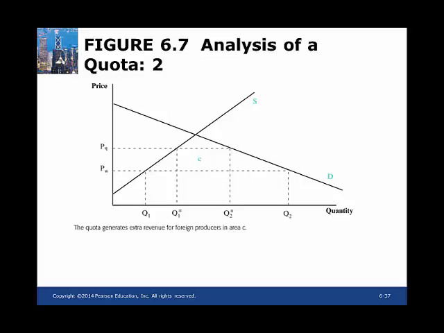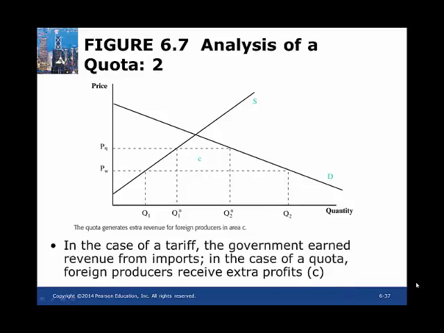Figure 6.7, Analysis of Quota 2. In this figure, you can see the quota generates extra revenue for foreign producers, shown by area C. In the case of a tariff, the government earned revenue from imports.